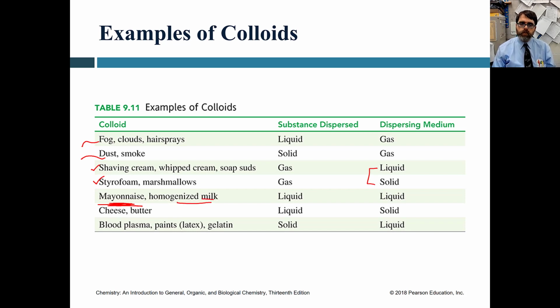And one great thing that I've done before as a demo, I'll try to post a video of it if I can remember, is a colloid demonstration where you take a container of liquid, say water, and water will let laser light just pass right through it.